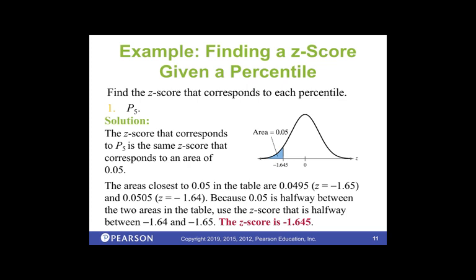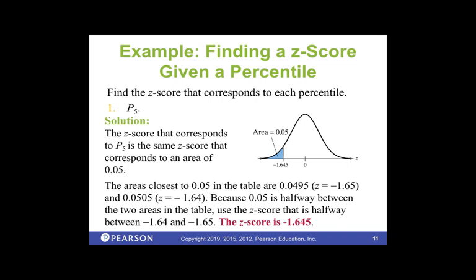So the area closest to 0.05 in the table is going to be the 0.0495, and that corresponds to a z-score of negative 1.65. And we got this 0.0505, which is negative 1.64. So because the 0.05 is halfway between these two, we're going to take negative 1.645.